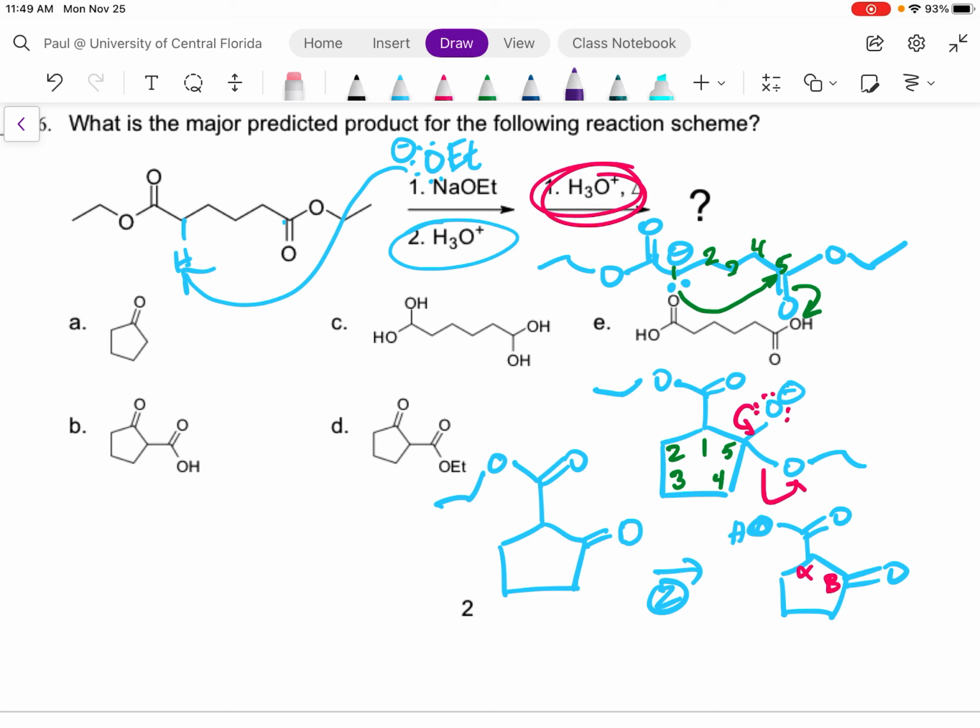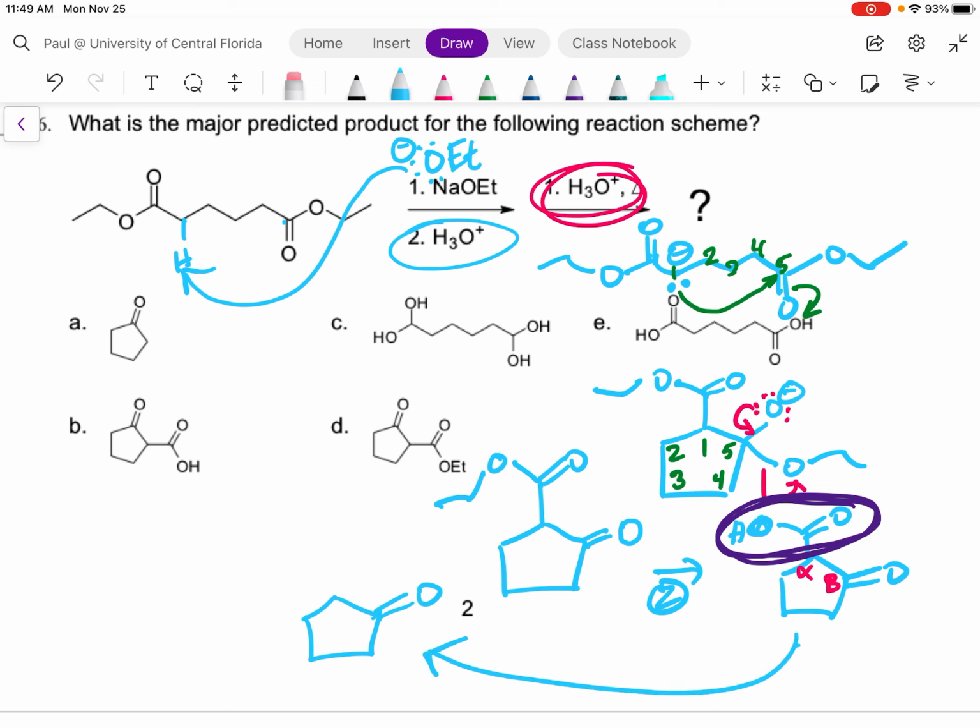And so that means CO2 is lost. And that gets lost as CO2 right there. So that's going to fall off and, after you do the decarboxylation reaction, you're going to generate your ketone right there. So that would have to be answer A.